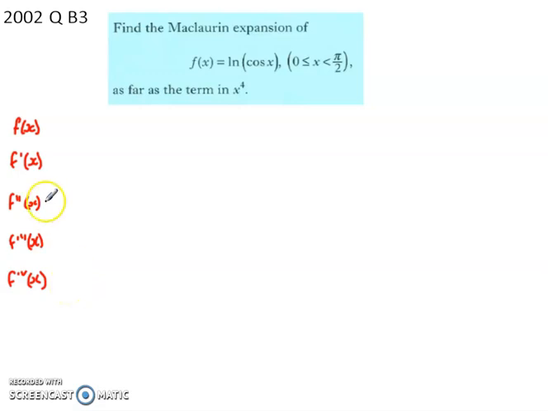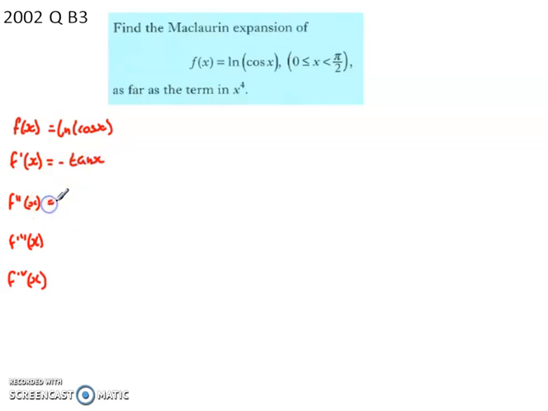Now I know what f of x is. We're told that in the question. f of x is equal to ln of cos x. What I can do is take the derivative of that and figure out f dashed x. If I do that, take the derivative, I get 1 over cos x times minus sin x. That gives me minus tan x.